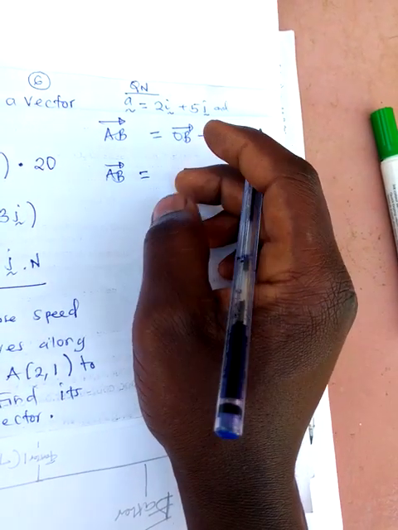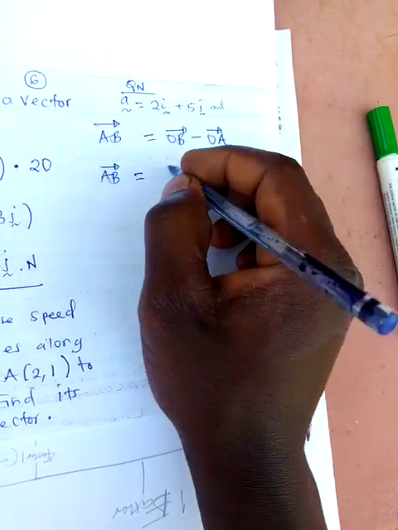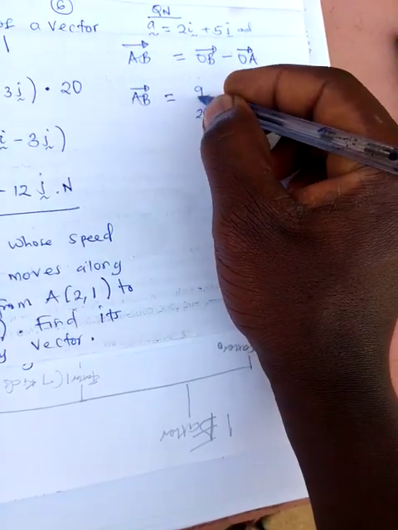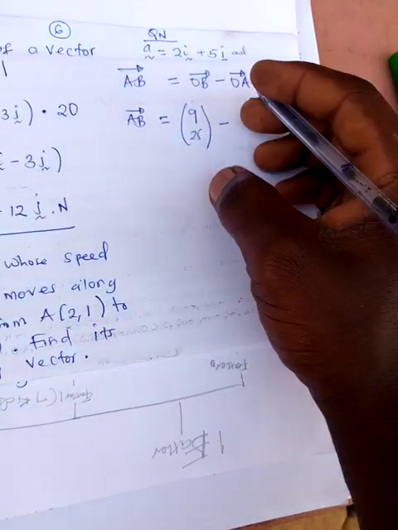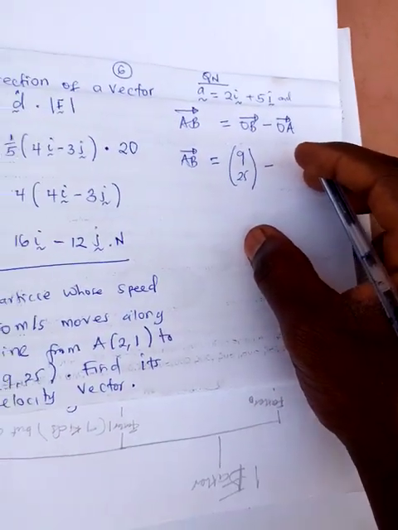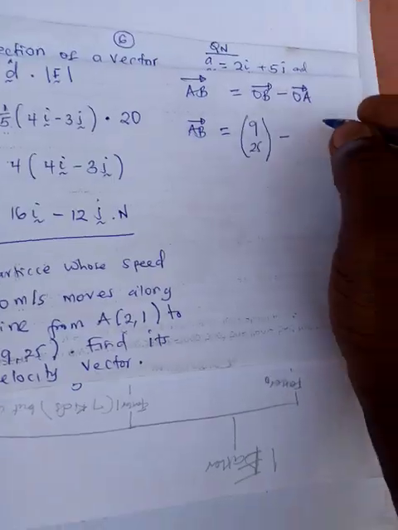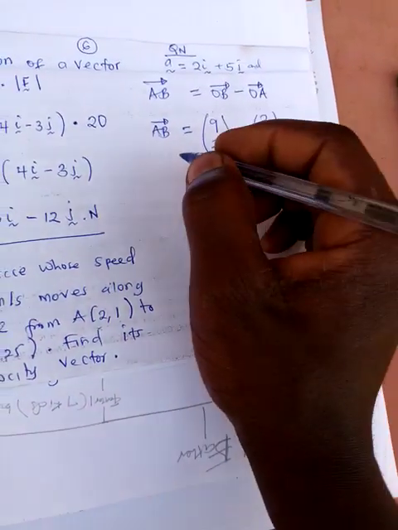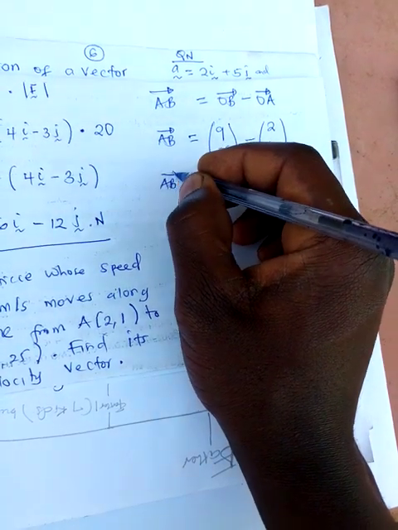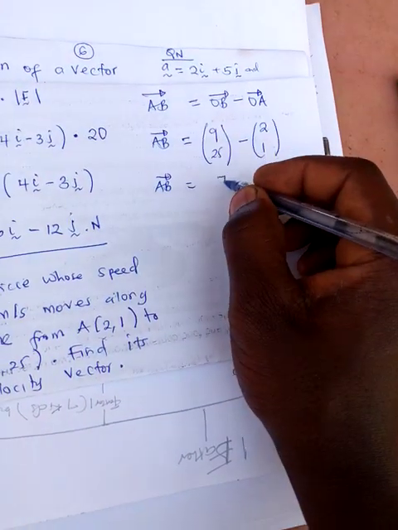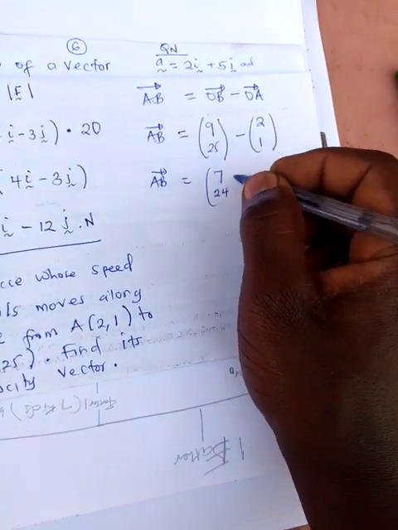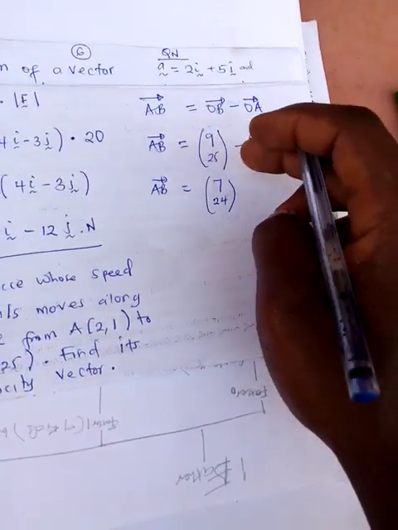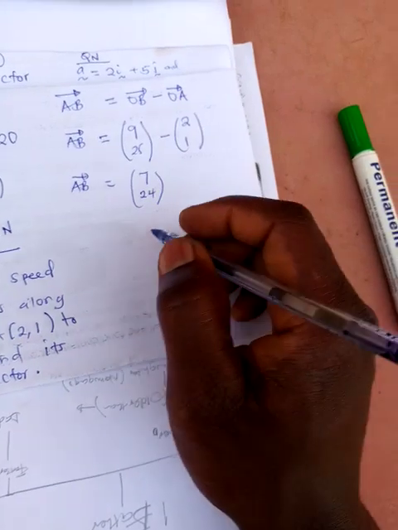AB will be, our OB is (9, 25), take away our OA, which is (2, 1). And this direction, which is AB, is going to be (7, 24). So you get the unit vector of this direction vector, and that will be all.